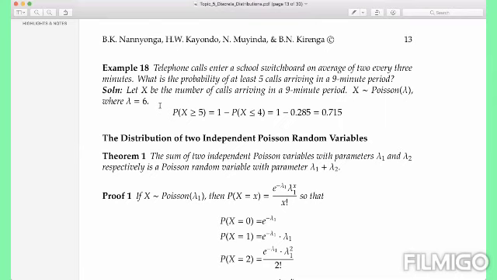So you have to be careful, because if someone gives me the lambda or the average for, say, a month, and the probability being asked is just for a day, then you have to divide so that you get the average for the day. So you have to be alert for that.